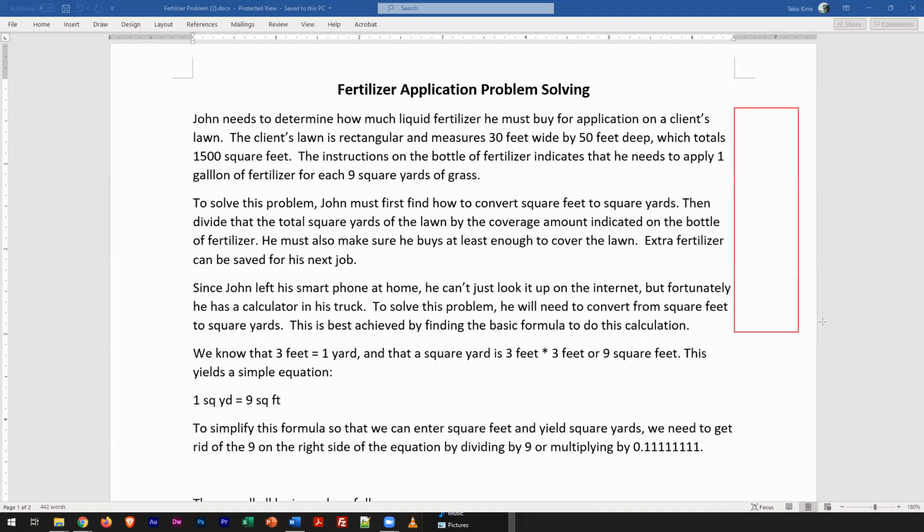And so I might draw a square and then think about, for example, if this is a square yard, well, I know 1 yard is 3 feet, right? So I could take one edge of this square yard and break it down into 3. And then I could take the other edge and break it down into 3.